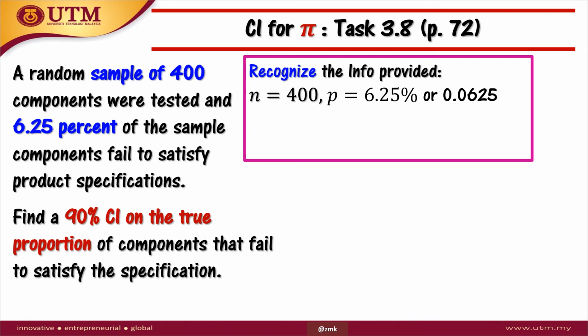Here we notice that the sample size n is 400 and the sample proportion of the components that fail to satisfy product specifications is 6.25%, or 0.0625.